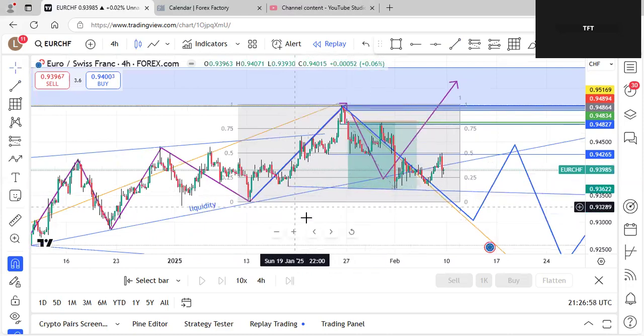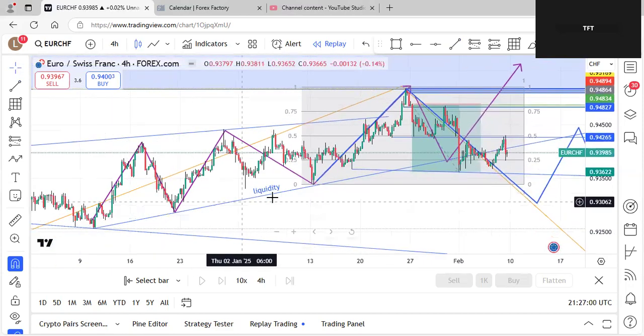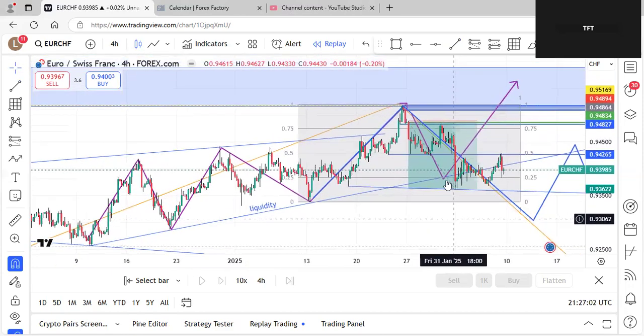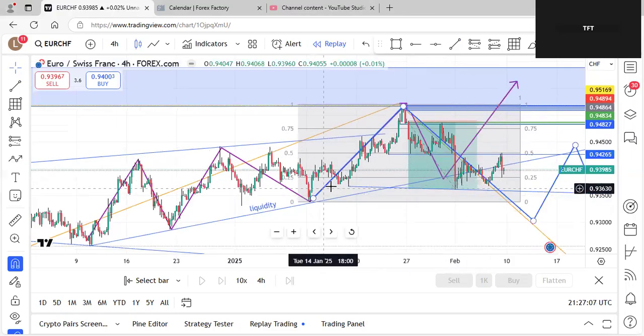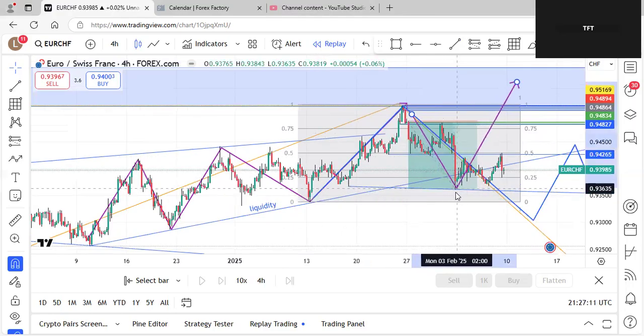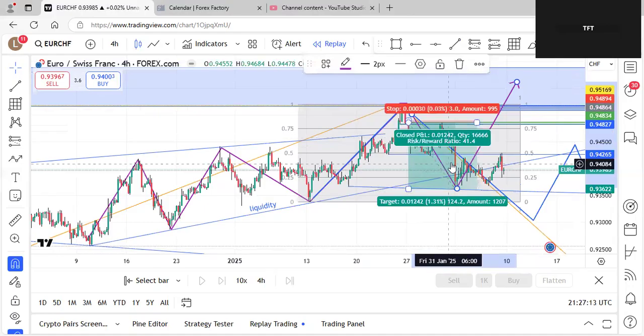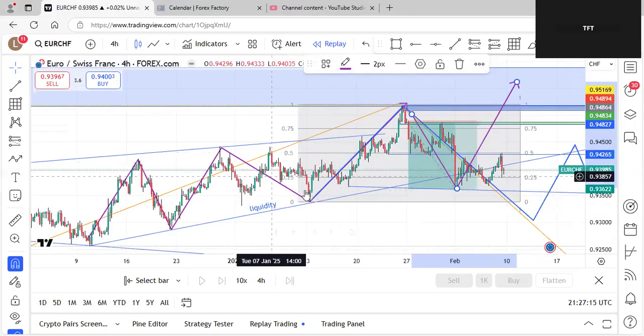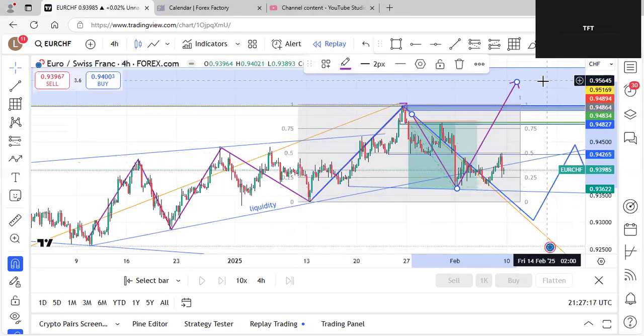But obviously there was a trend line sweep here, so there is a real possibility that it's swept, filled an imbalance in this, and it was just going to continue to the upside now. But that remains to be seen.